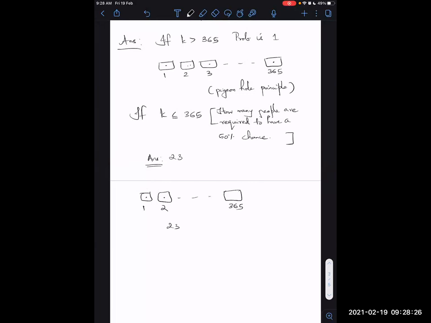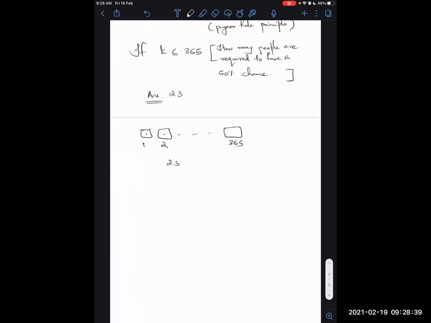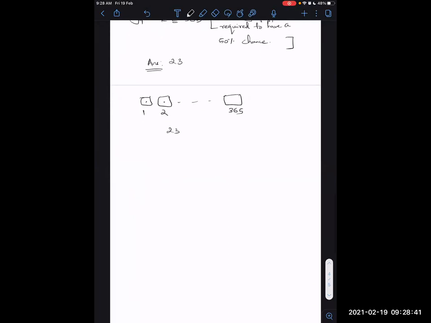So around 330-ish boxes are empty, and still 23 people give a 50% chance.